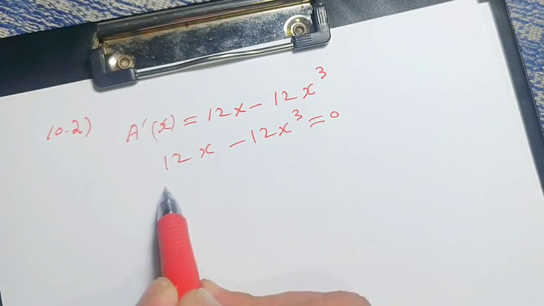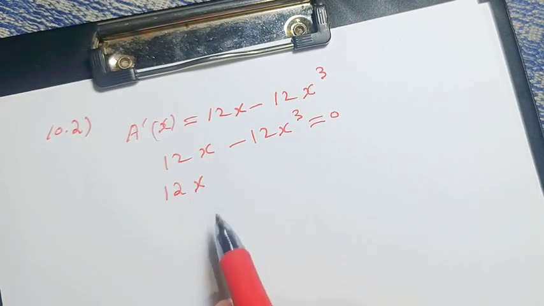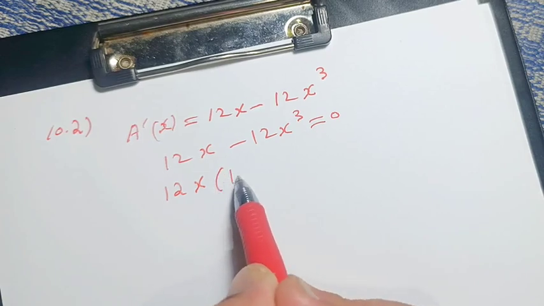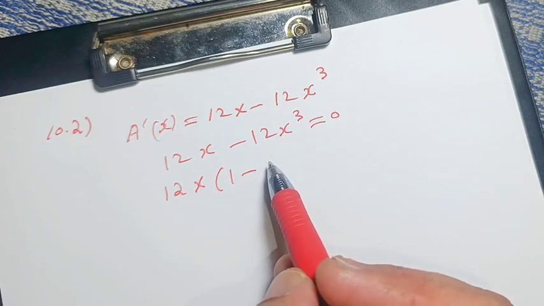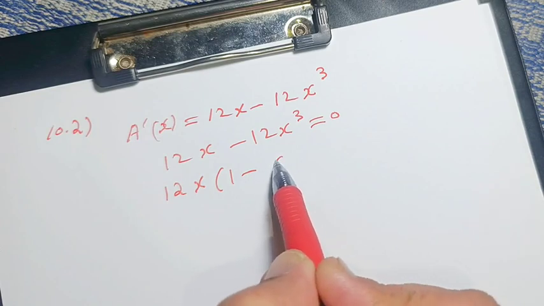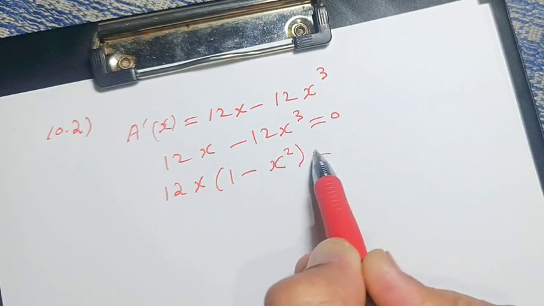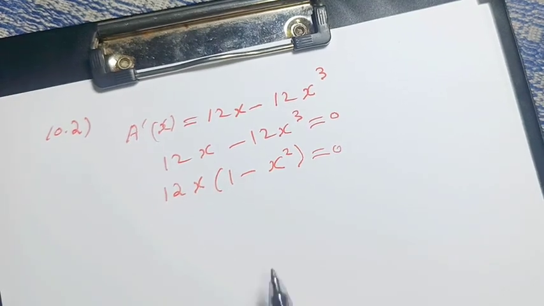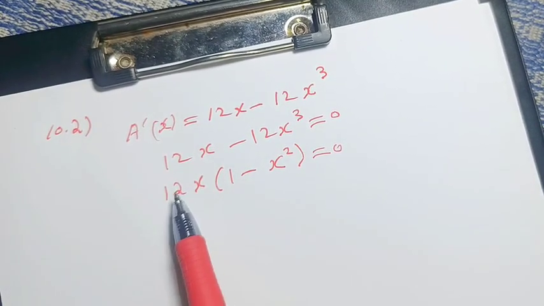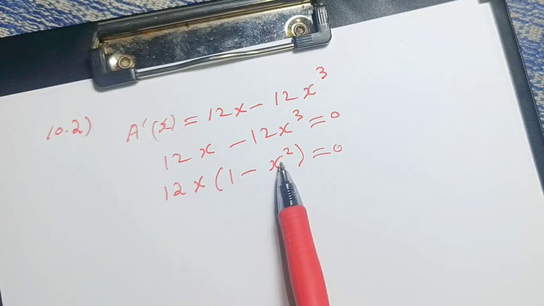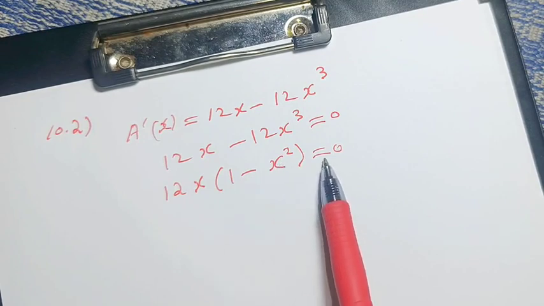Now solve for x here. 12x is common, and we are left with 1 minus x power 2 equal to 0.